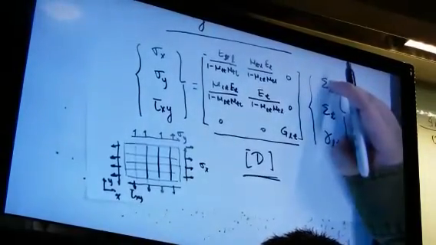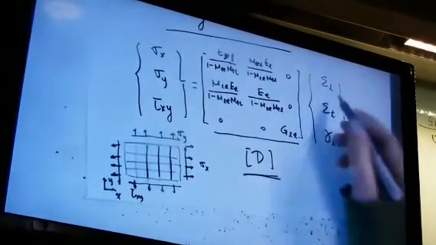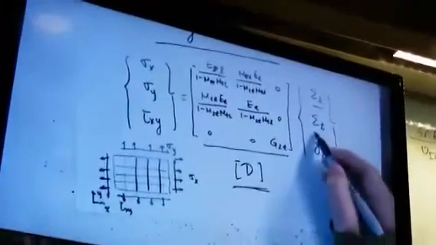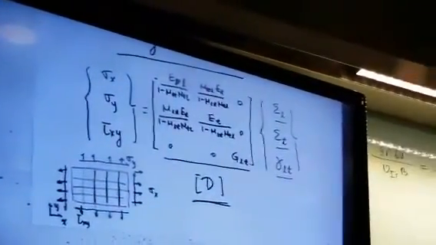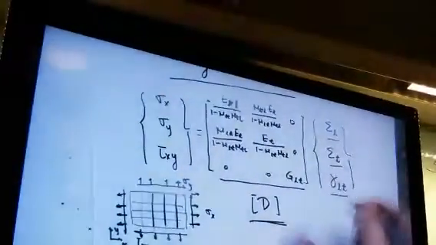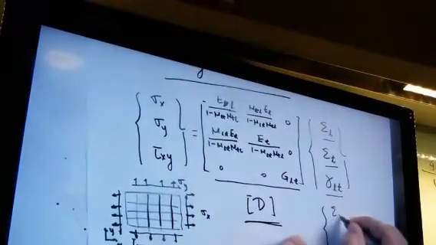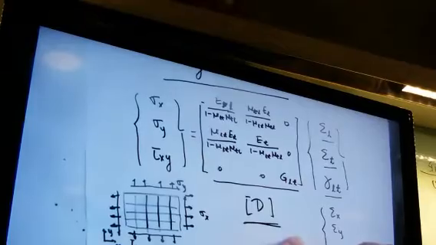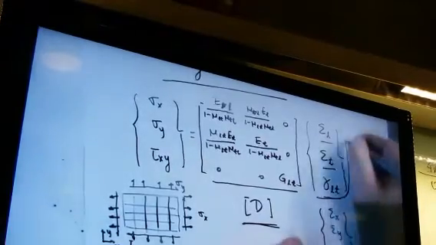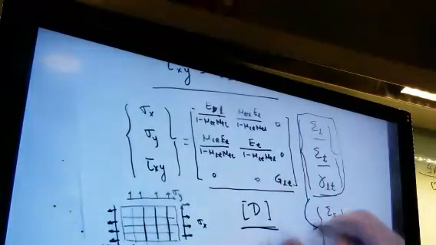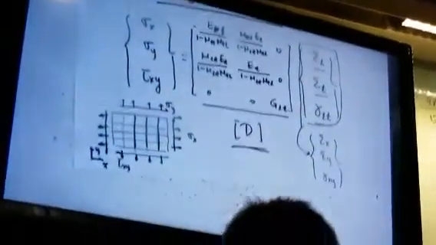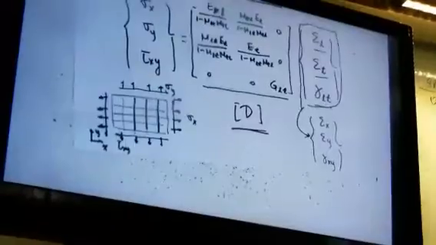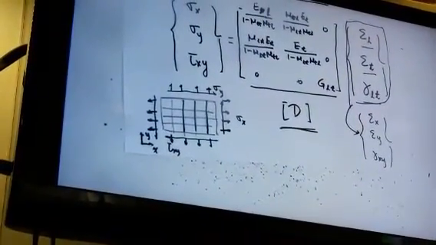This is the deformation of the composites we have. But actually, I put epsilon L, epsilon T, and gamma LT here. That one can be replaced with epsilon X, epsilon Y, gamma XY. This column, in this case, can be replaced with this column. Why can I do that? Because the L and T directions are along the X and Y directions.